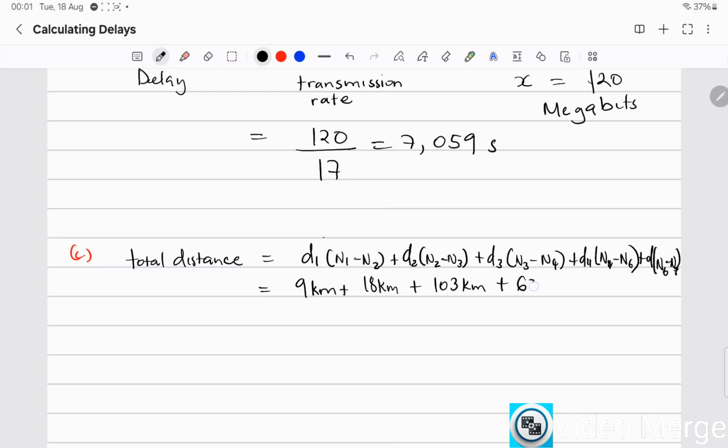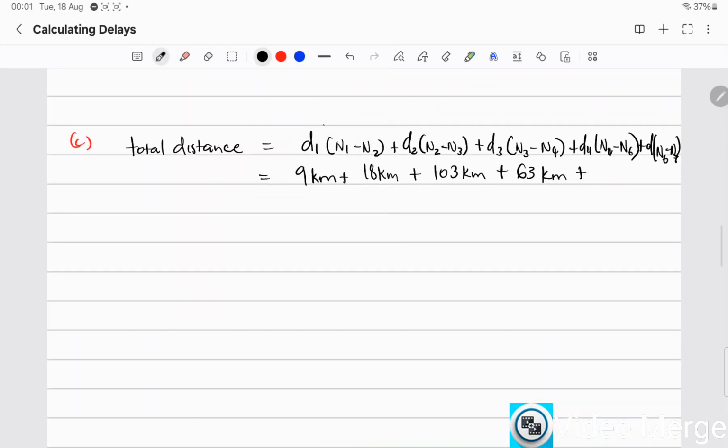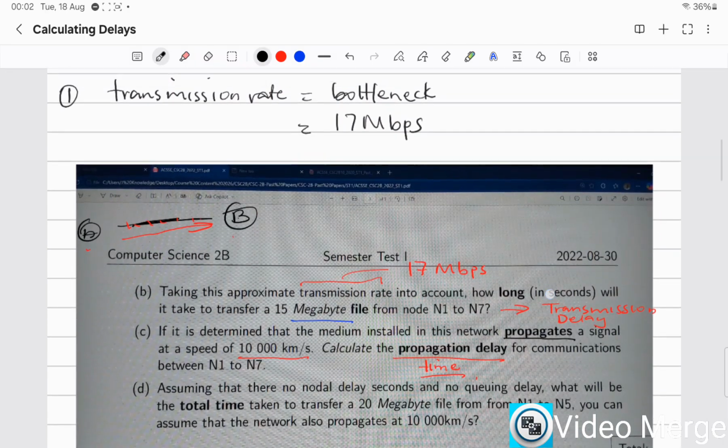This one was 63 kilometers, the other one is 3 kilometers. And then the total is 196 kilometers, and this is what we have. Hopefully I'm calculating these distances correctly. I hope so.